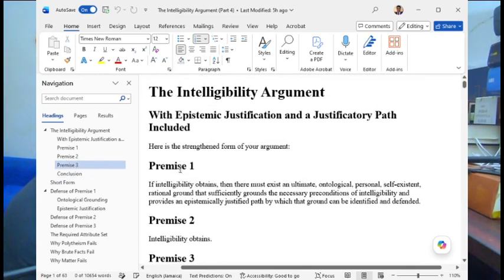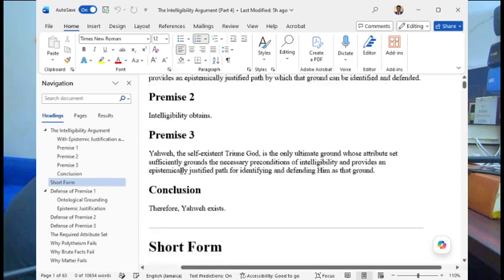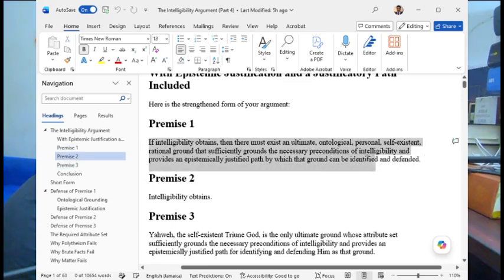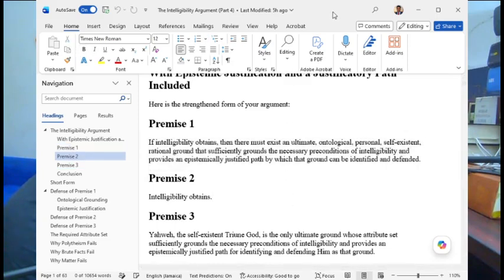So we have P1, P2, P3, and conclusion. P1: If intelligibility obtains, then there must exist an ultimate ontological, personal, self-existent, rational ground that sufficiently grounds the necessary preconditions of intelligibility and provides an epistemically justified path by which that ground can be identified and defended.